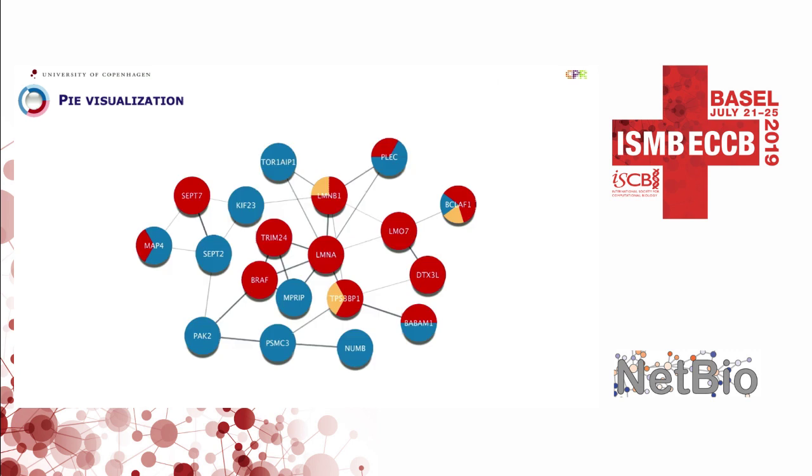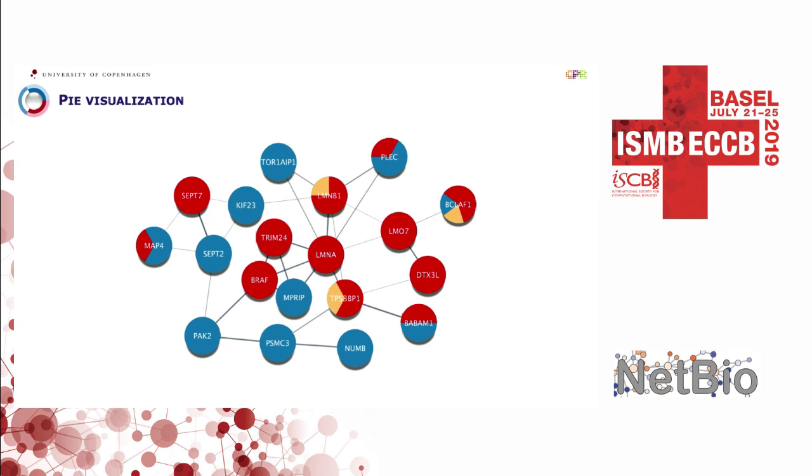And then I will have this network. Each node represents a protein, and each pie is split into slices. Each slice corresponds to a site, and the color of the slice is the cluster associated with this site.